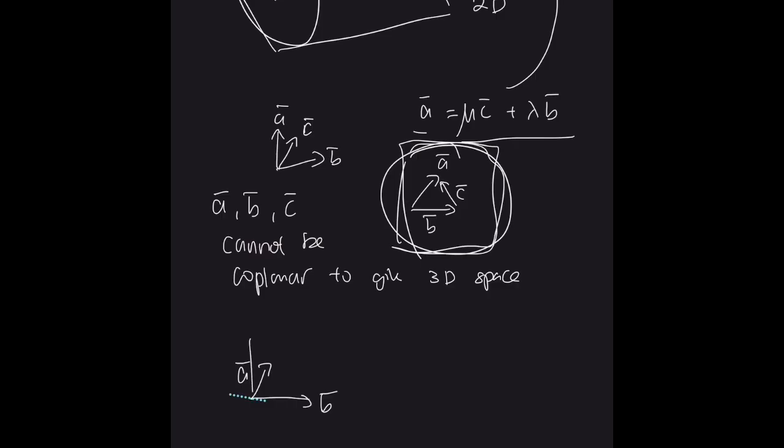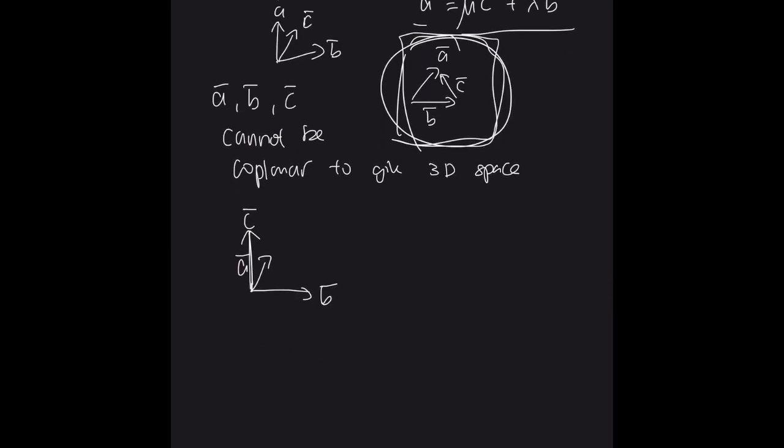Obviously, this is going to be very hard to draw because your screen is 2D, but you can have your C that's coming out of the plane, and with a linear combination of A, B, and C, you can get anywhere in this world because this world is 3-dimensional.